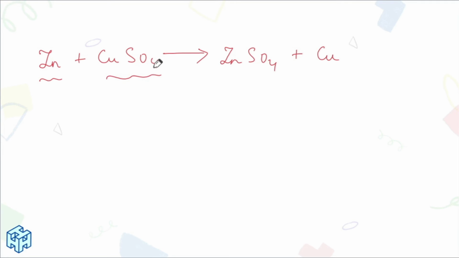Let me highlight once more. Where one highly reactive element, let me consider now as zinc, comes to copper sulfate, now what happens? It becomes zinc sulfate and leaves the copper alone. Are you able to see?